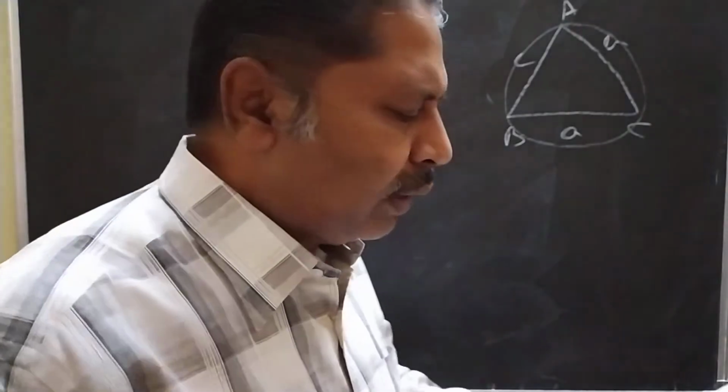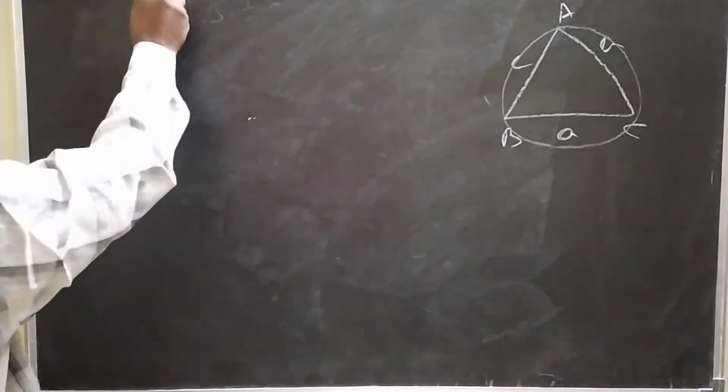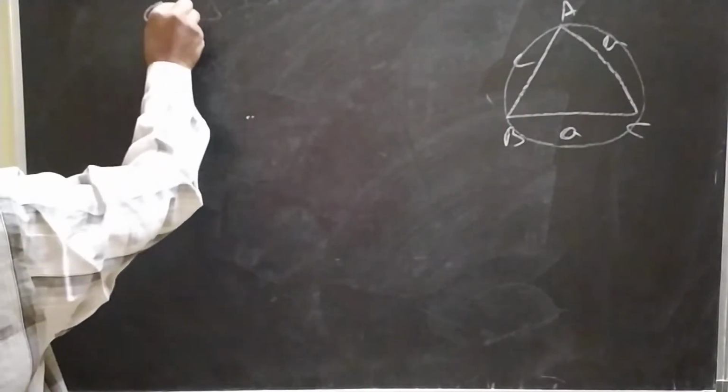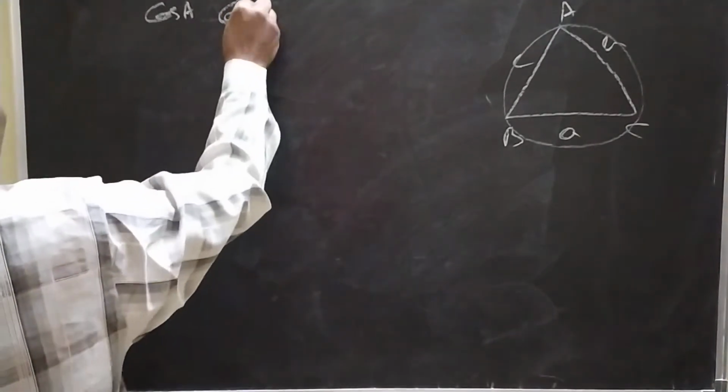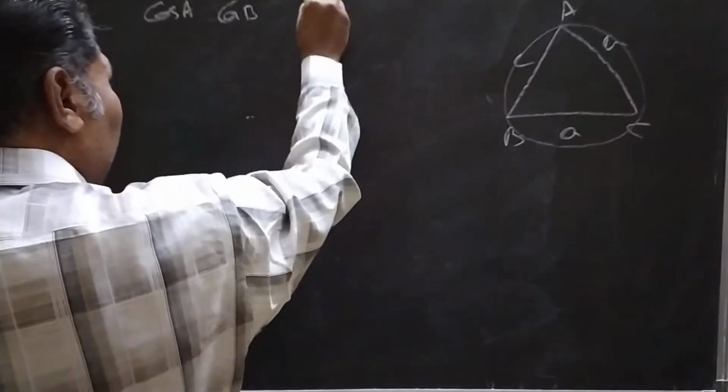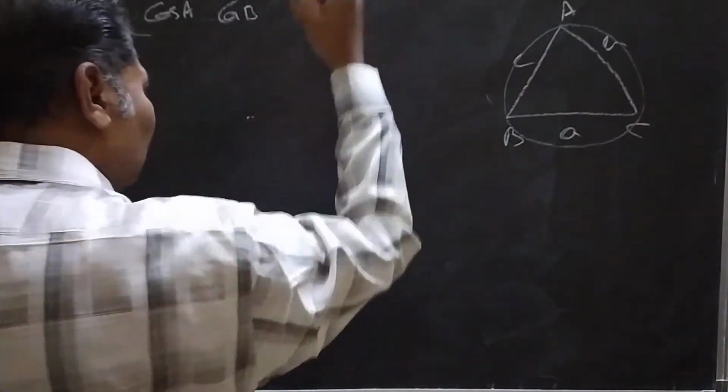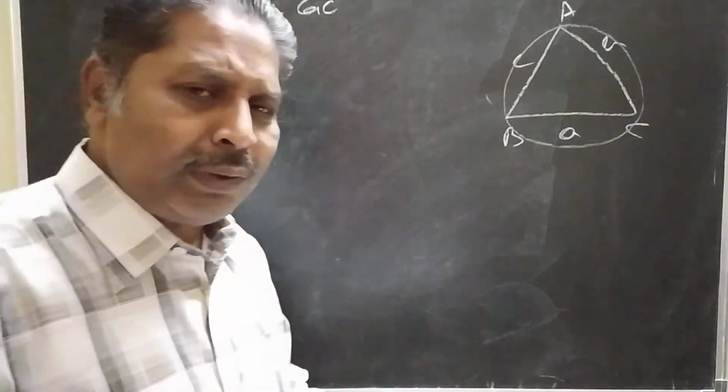Then delta a by cos A plus delta b by cos B plus delta c by cos C equal to, given this problem.